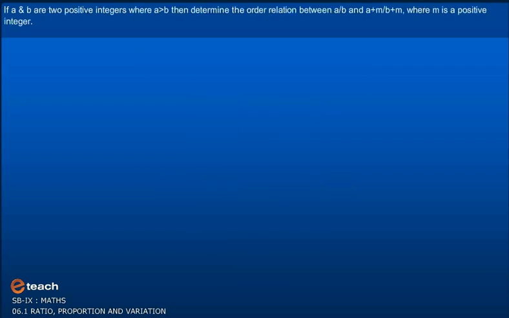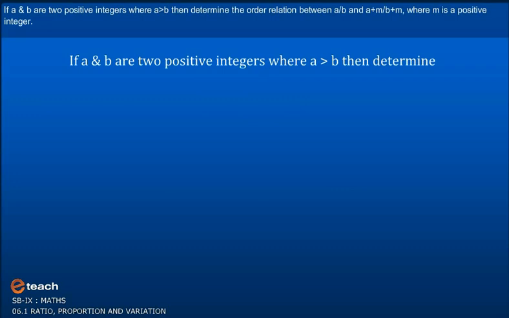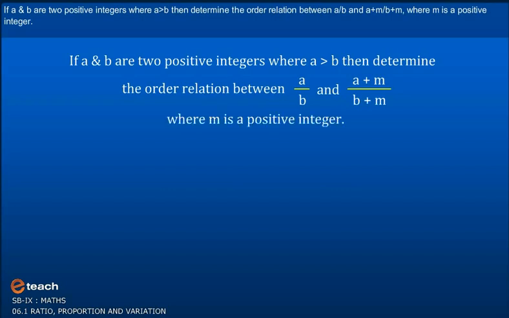18/25. If A and B are two positive integers where A is greater than B, then determine the order relation between A by B and A plus M by B plus M, where M is a positive integer.